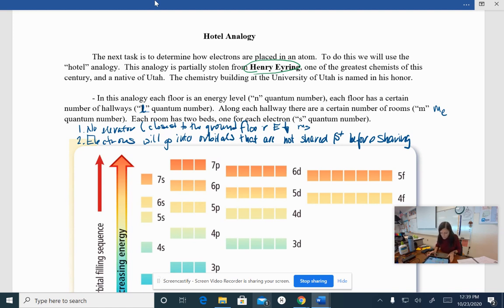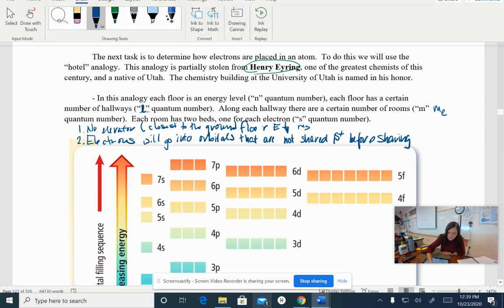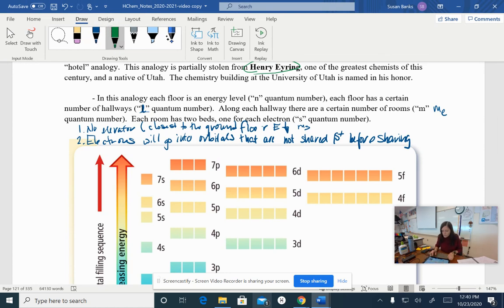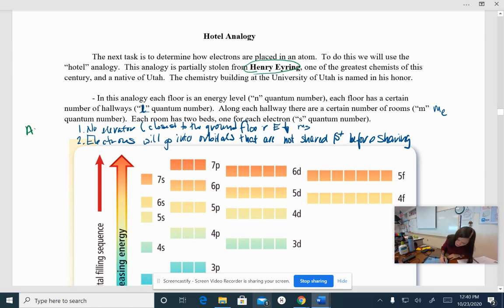Okay? So, now, both of these rules are different expressions of rules that we are considering here. So the electron's going to the lowest energy room first, or the lowest energy orbital first. That is the Aufbau principle.